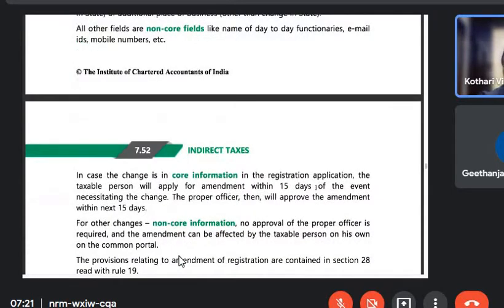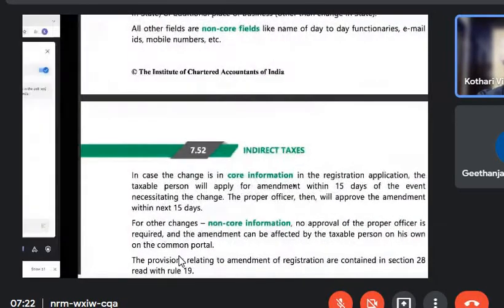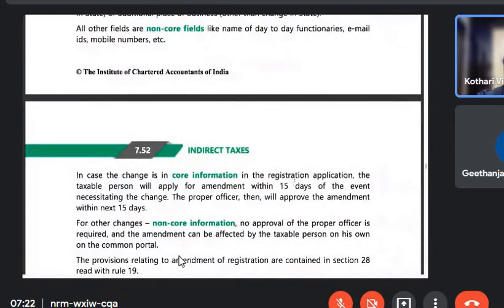And within how many days this amendment has to be done? So the time limit for making the amendment is 15 days. So within 15 days of the event necessitating the change, the assessee has to apply for the change in the registration.